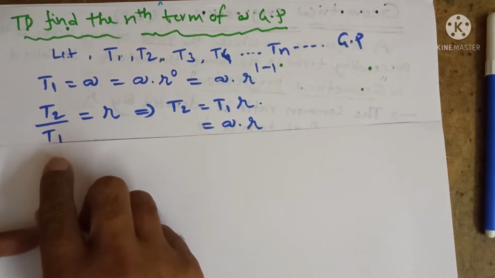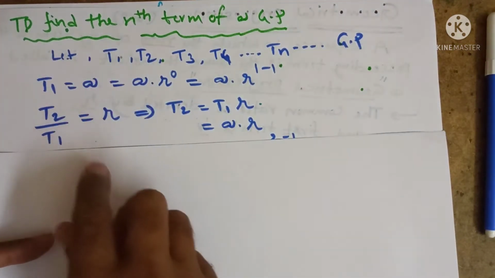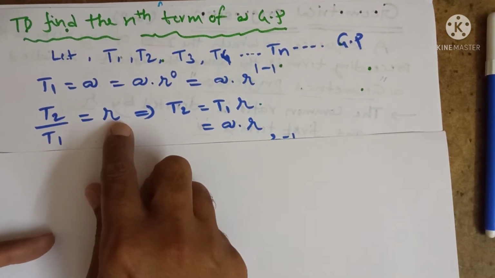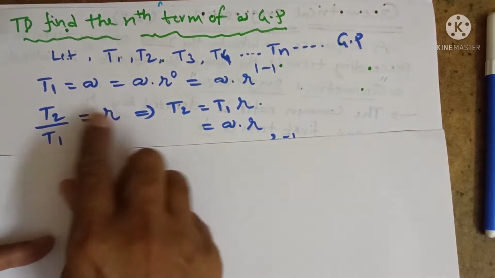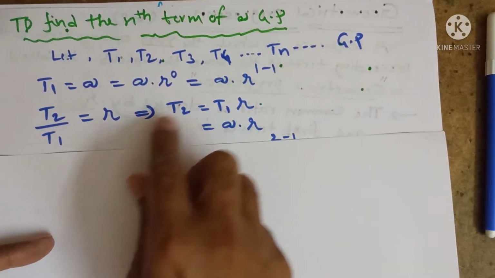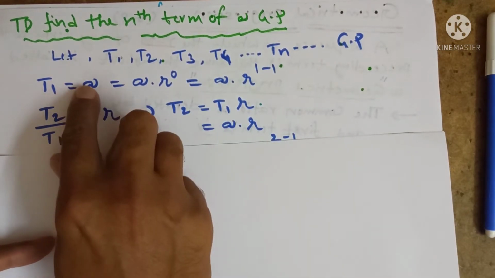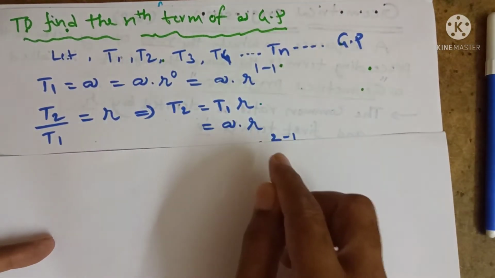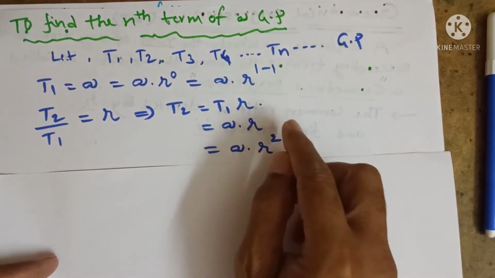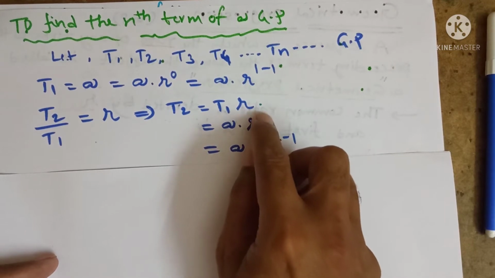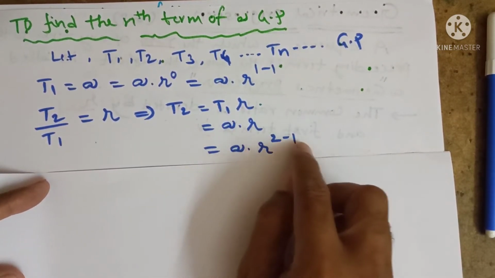Next, T2 by T1, the second term divided by the first term, is equal to the common ratio R. That implies after cross multiplication, T2 is equal to T1 into R, that is A into R. This is A into R power 1, and 1 can be written as 2 minus 1.